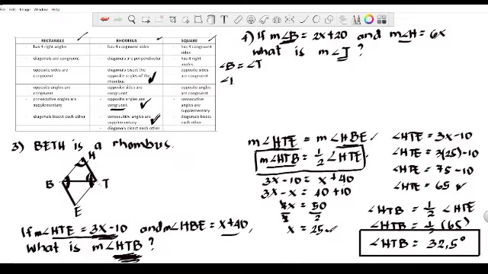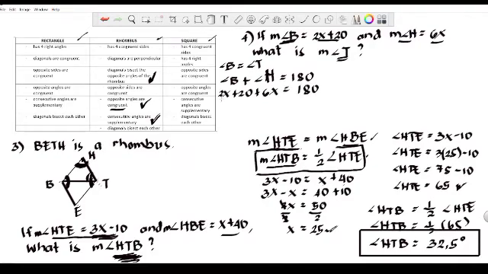So let us substitute the values. Angle B is 2x plus 20, plus angle H, which is 6x, is equal to 180 degrees.